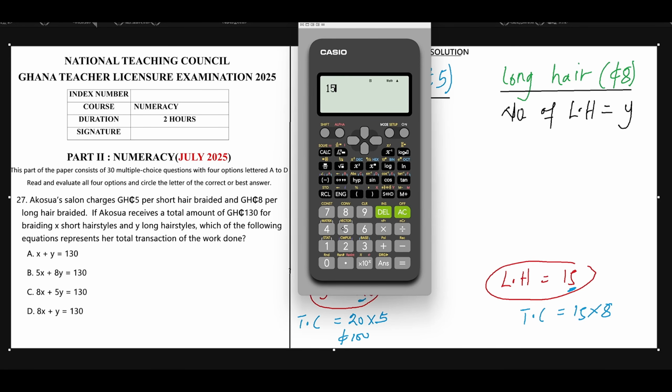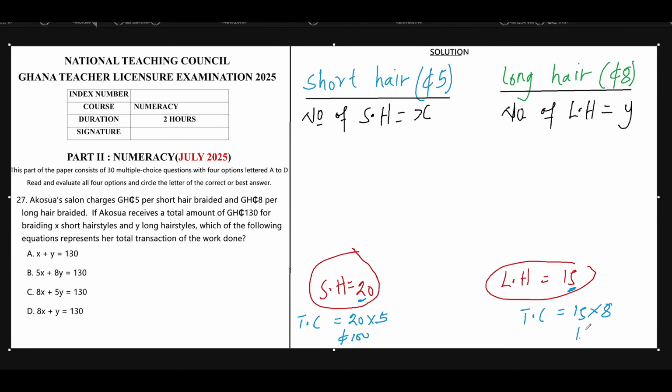So 15 multiplied by 8, we have 120 cedis. Then we can sum up the total cost of short hairs and the total cost of long hairs. So that is 100 plus 120, and this gives 220 cedis. So that is for an assumption.